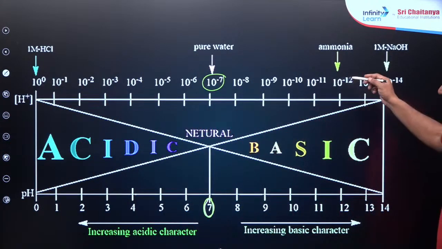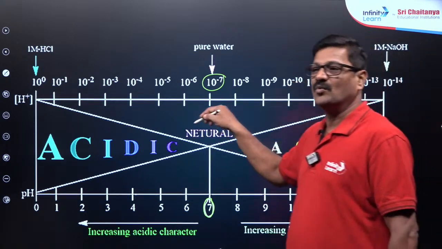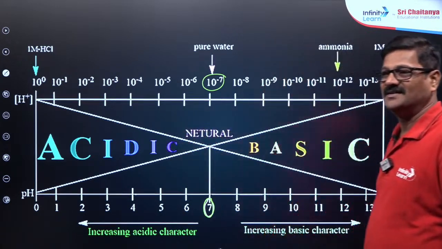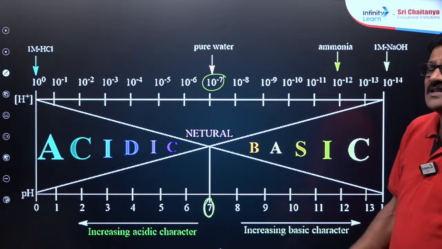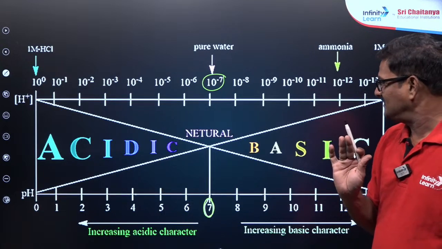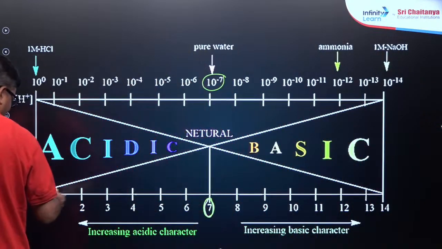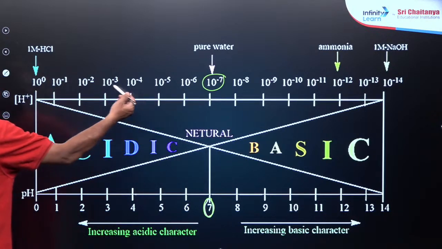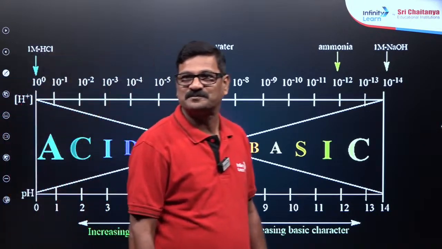Now we can see the relative value of the H plus and OH minus ions. Yes, Anil, that is for weak acid, right? So as acidic nature increases, H plus concentration also increases. Understand? Clear?